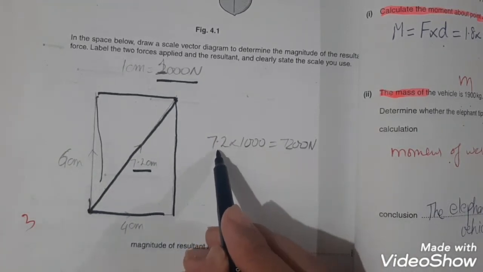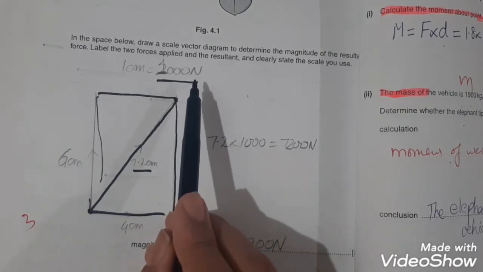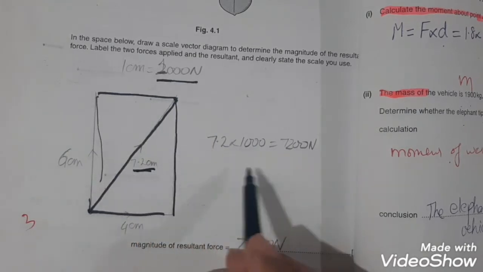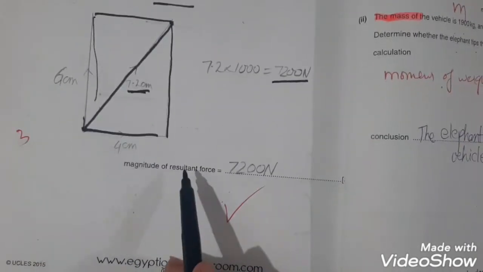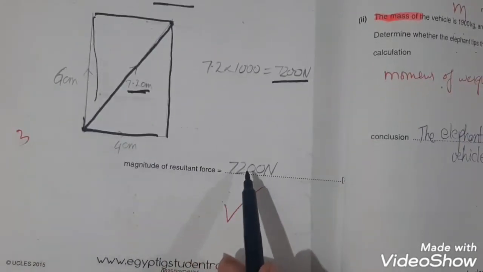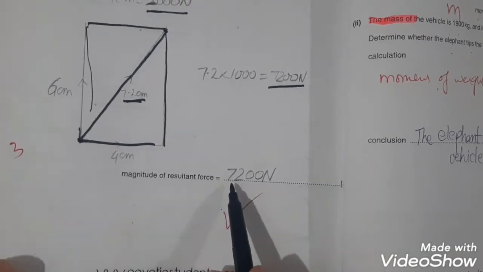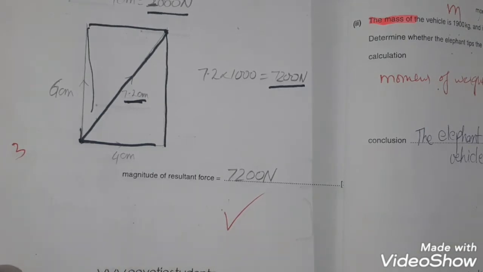So when we multiply this by the original scale, which is 1000, multiplied by 7.2 centimeters, it will be 7200 newtons. So the magnitude of the resultant force is 7200 newtons. So we will write 7200 newtons as the magnitude of the resultant force.